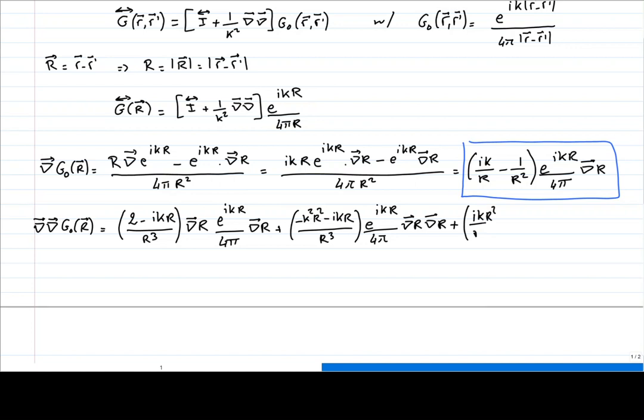So we have 1 over kr squared minus r cubed, exponential ikr over 4 pi, gradient of r.